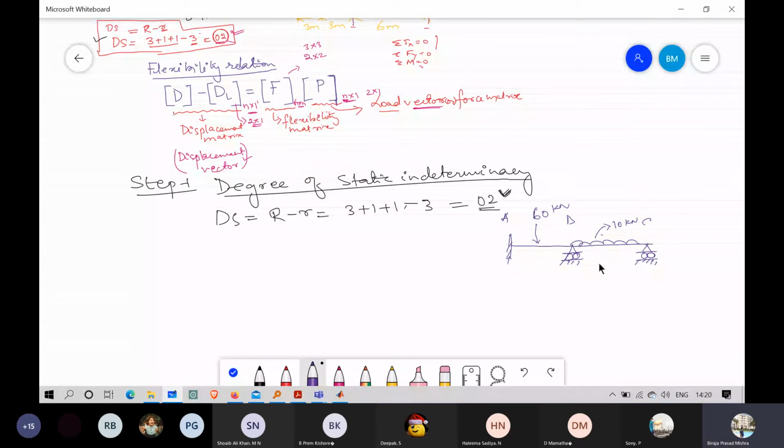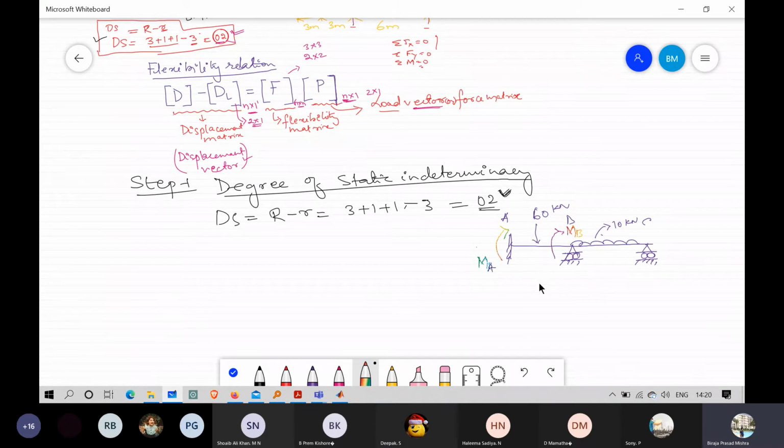Since the degree of static indeterminacy is 2, let us assume the moment over here, MA, and the moment here, MB, as redundant.